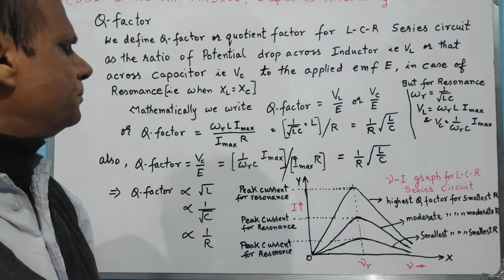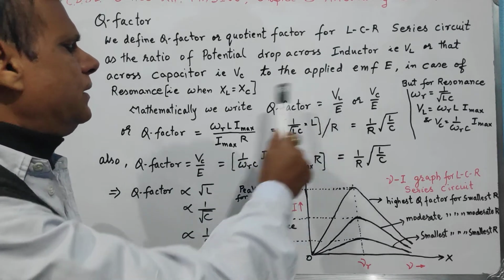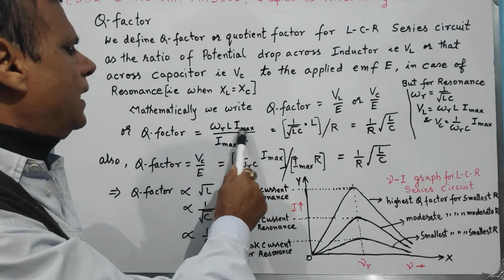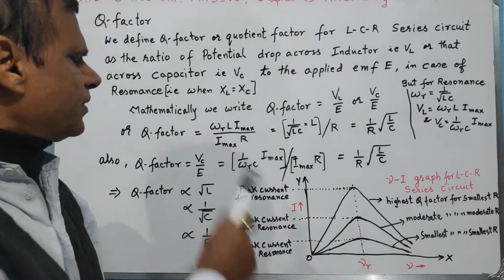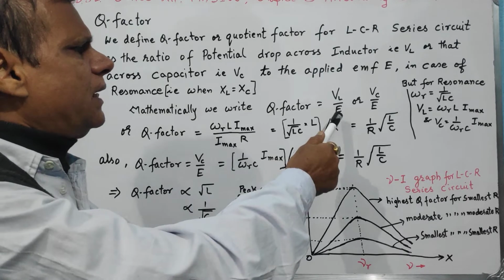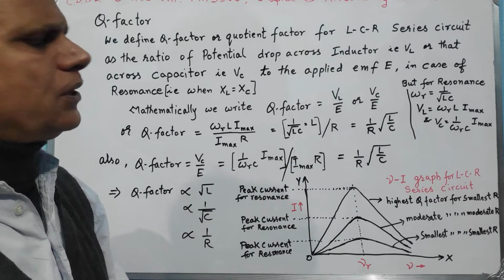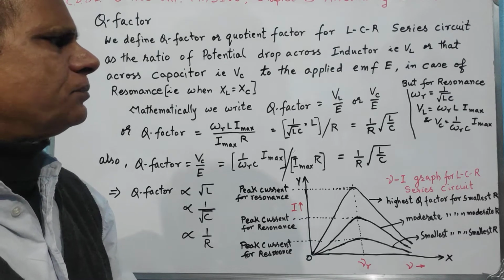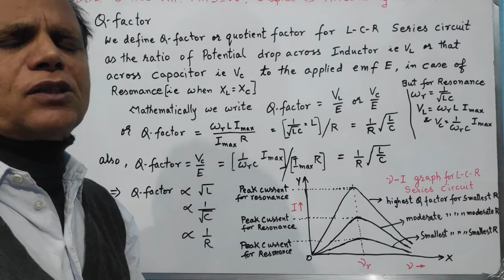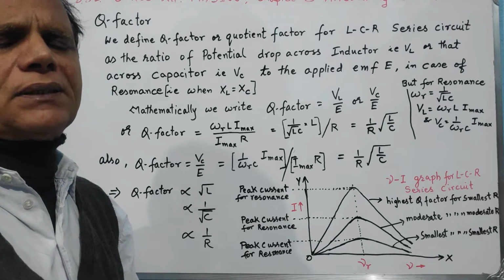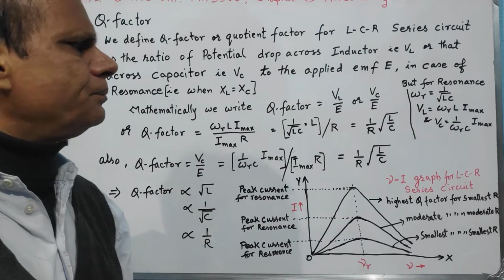Therefore we have Q factor equal to VL upon E, which is omega R L I max by I max into R, because in this case the applied EMF is equal to the potential drop across the resistance alone, as the net potential drop across the inductance and capacitance taken together in the case of resonance becomes 0.